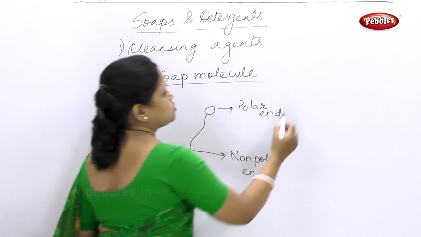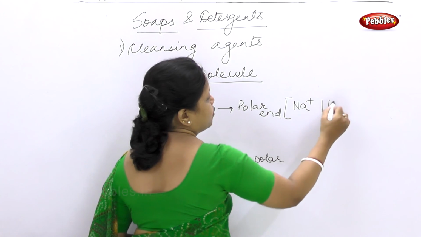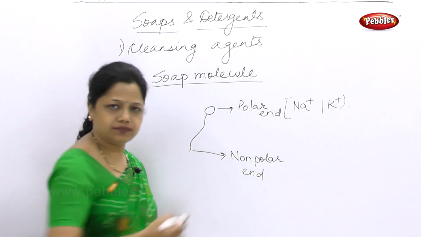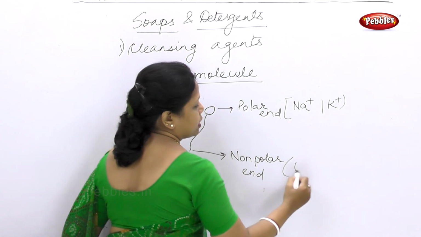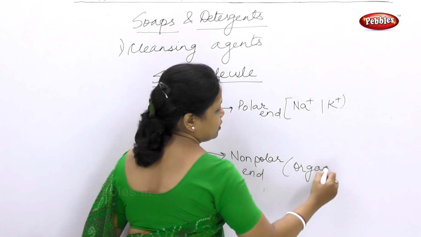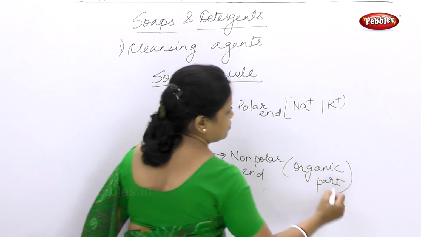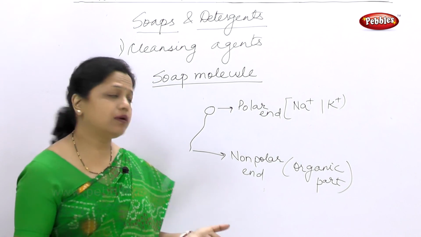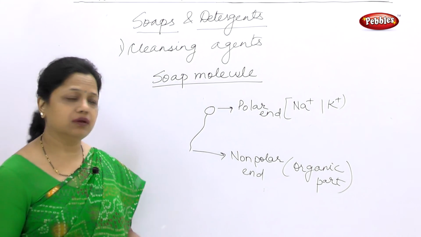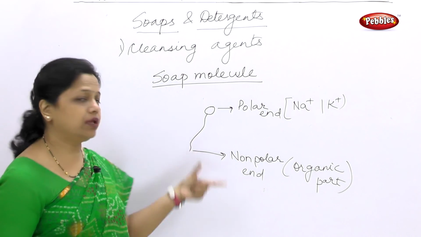So we can say the polar end can be sodium or potassium ions. And the non-polar end is the organic part of the soap molecule. The soap molecule has somewhat this shape, which is formed in the water.